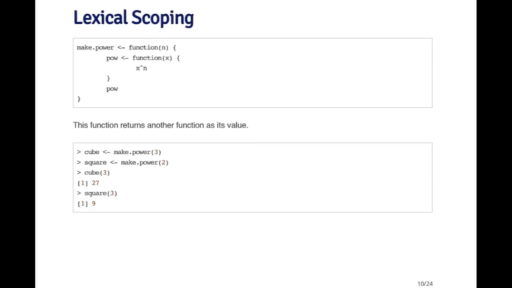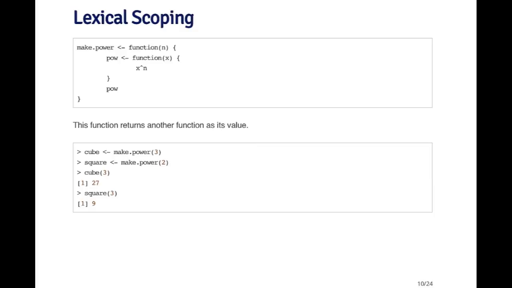You see inside the pow function, x is a function argument, so that's not a problem. But n is a free variable because it's not defined inside the pow function. However, n is defined inside the make.power function, and since that's the environment in which pow is defined, the pow function will find the value of n inside that other environment. So I can call make.power and pass it a number like 3, and it will return a function which I'll assign to be called cube.